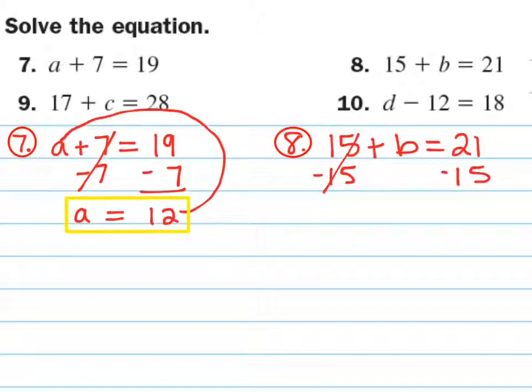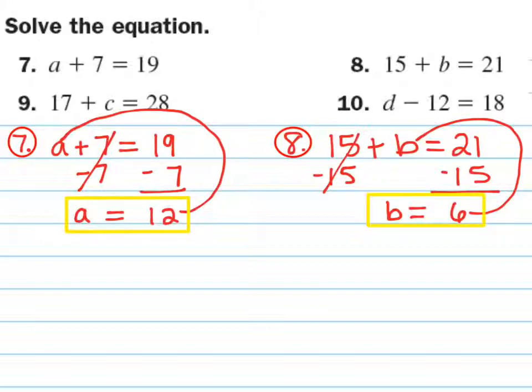And we have this 15 and negative 15 cancel out to 0. And over here, if we add 21 plus a negative 15, that's just like subtracting 15 from 21, which gives us b equals 6. Now if we want to double check to make sure it's correct, we put b back into the equation, and we see that 15 plus 6 is 21, so that's correct.